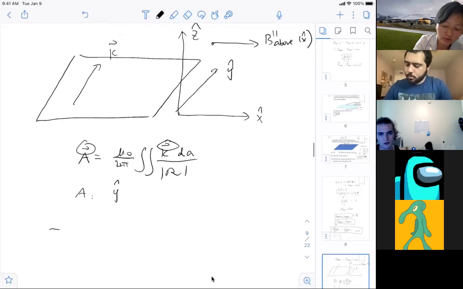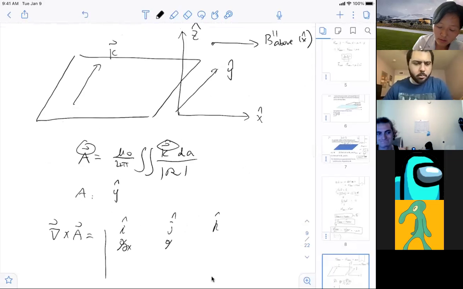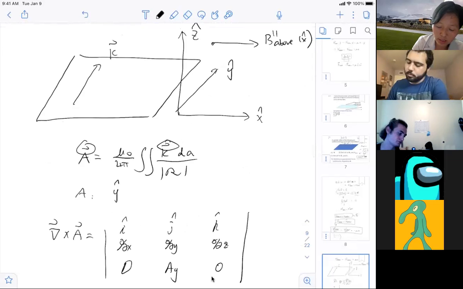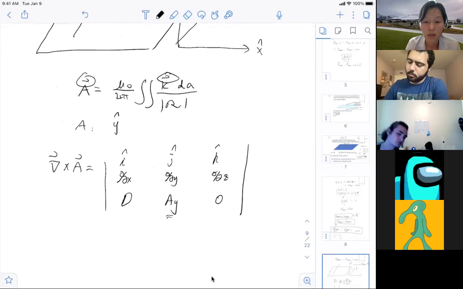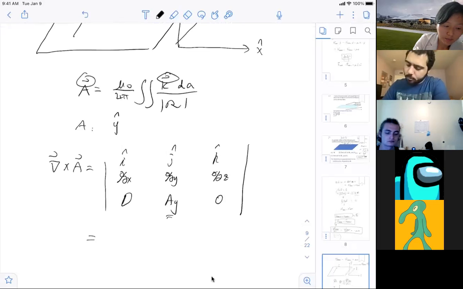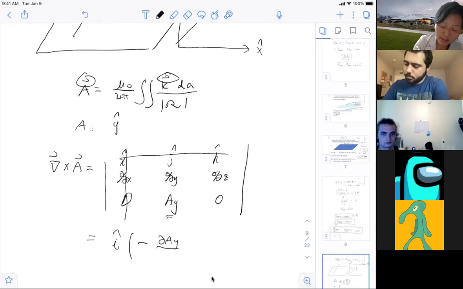So if I do the curl of A, so that becomes I hat, J hat, K hat, d dx, d dy, d dz. A only has a Y component in this case. Okay, so that's AY. So that will equal to, you can see that, equal to I hat negative dAy dz.